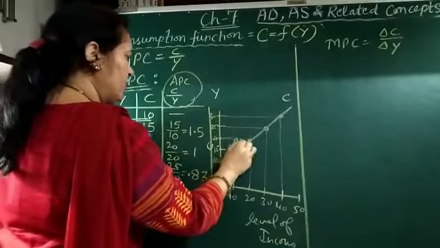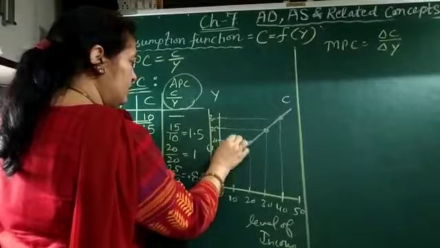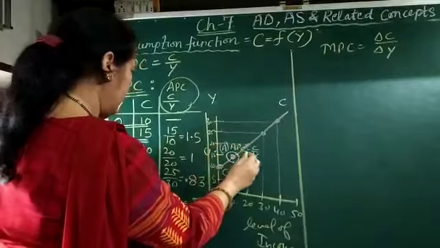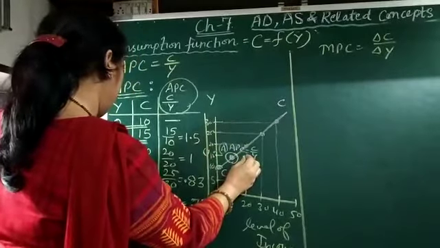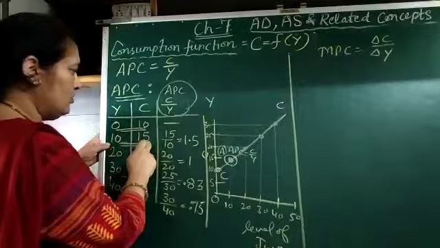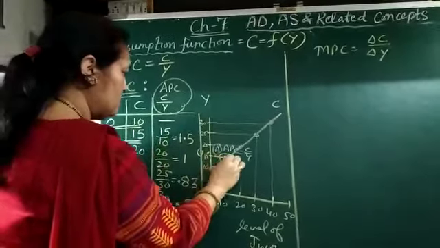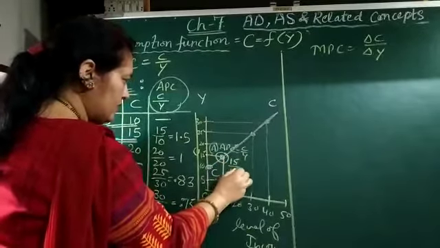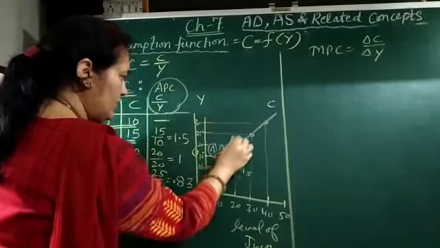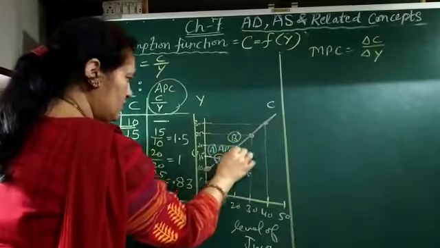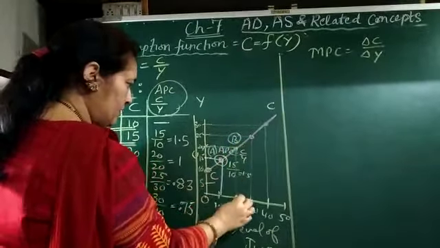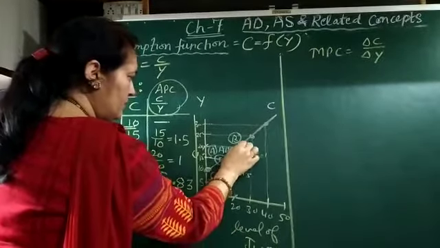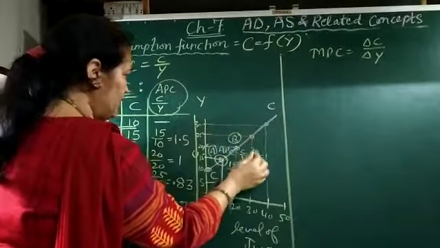Let us derive the value of APC on point A, C upon Y. On this combination, consumption level is 15 and income level is 10, so 1.5. That is the A combination, then this is B combination. Consumption level is 20 and income level is also 20. 20 by 20 is equal to 1. So APC value at point B is 1.